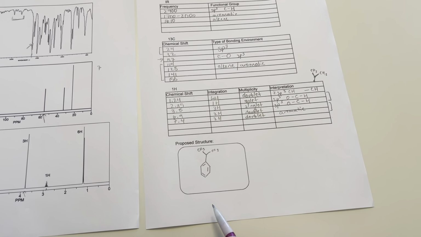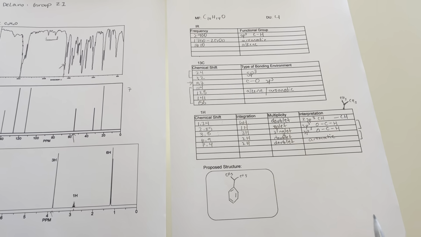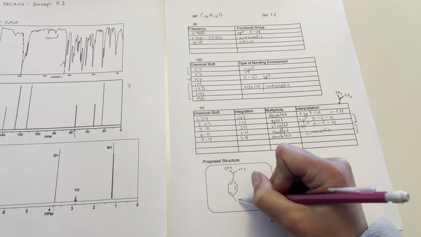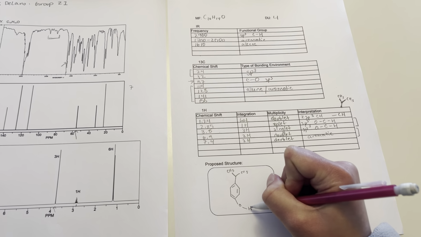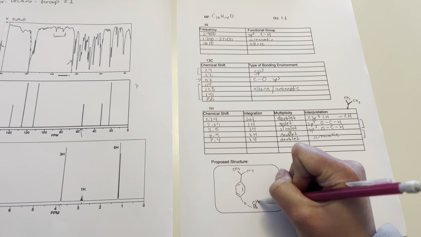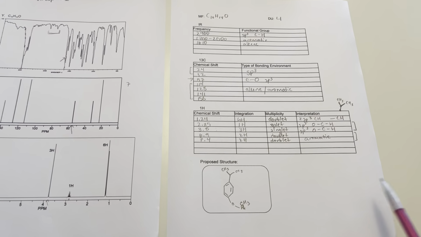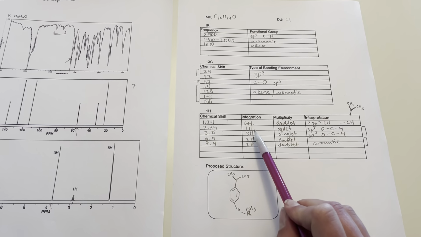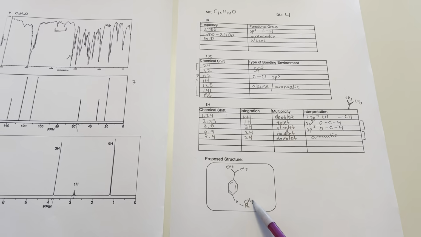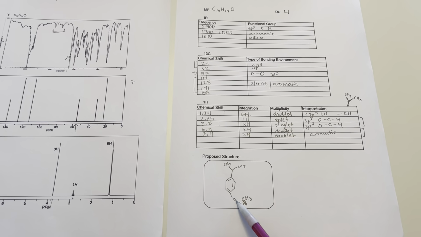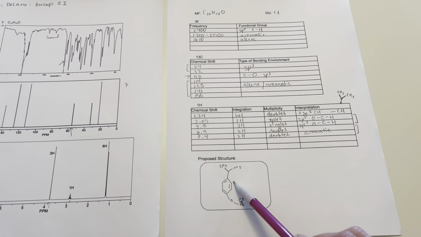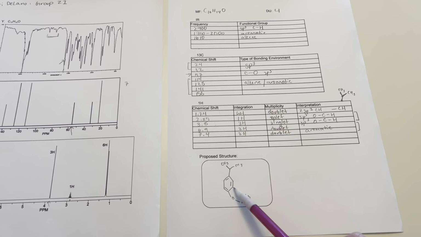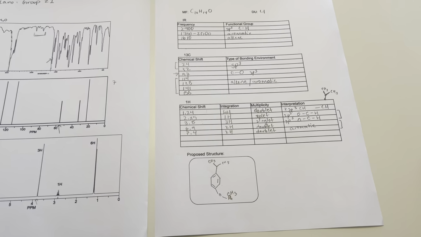Then I know we're going to have an OCH group, and for now I'll put it just opposite. No, this is going to be a CH3, because the 3 H's need to be a singlet, so they need to be connected to the oxygen here. And then the rest of the doublets are going to be here, and it looks like that all works out.